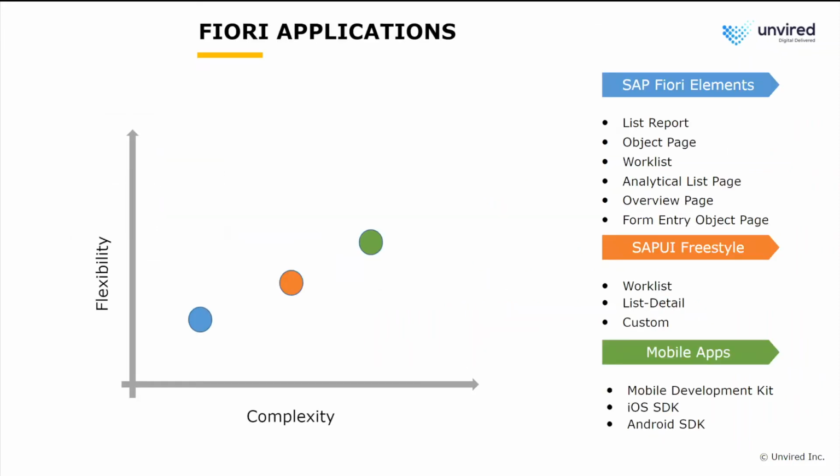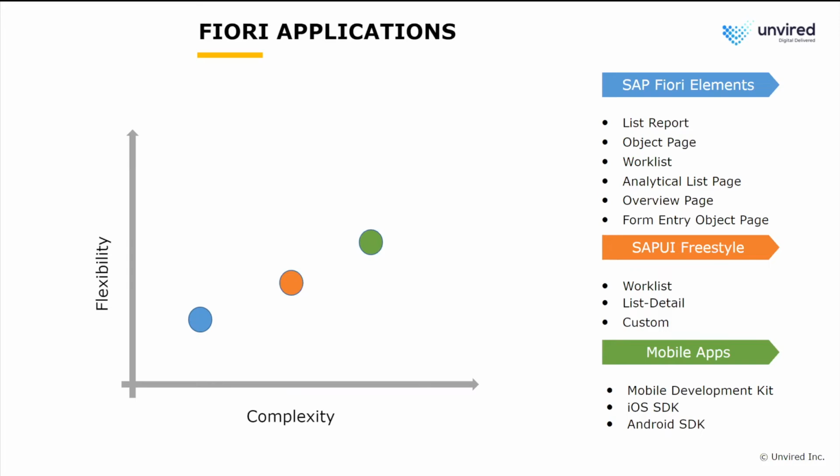So we already have discussed what a Fiori application is, and we also have SAP's Fiori design paradigm: what an application needs to achieve for it to be recognized as a Fiori application. So SAP provides all the development tools and infrastructure which allows end users to develop these Fiori applications.